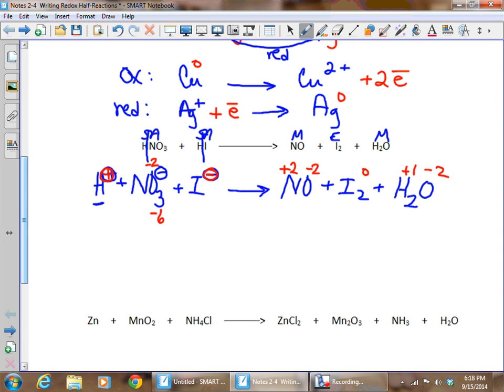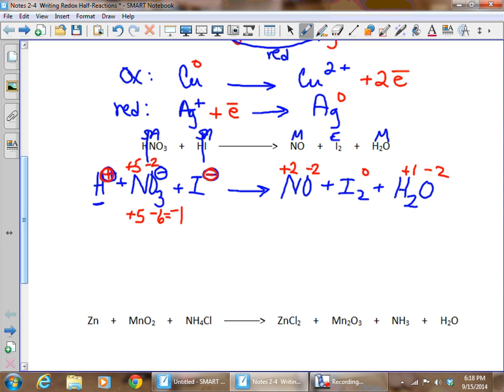No, it's not, because nitrate is a polyatomic ion. So when we set this equal to something, it must be equal to its charge, -1. So if that's true, nitrogen must be a +5 in this case for those oxidation numbers to equal out to -1. So nitrogen here is a +5.